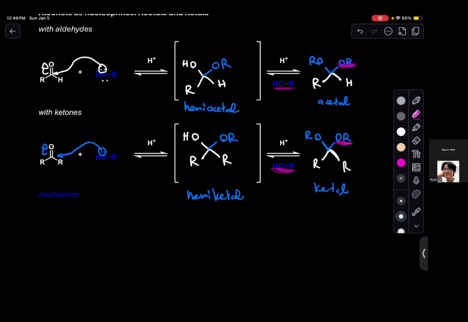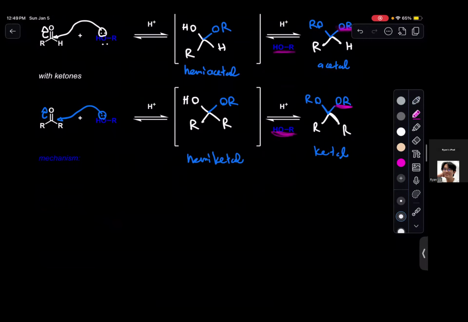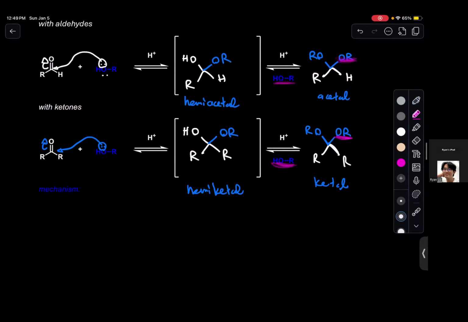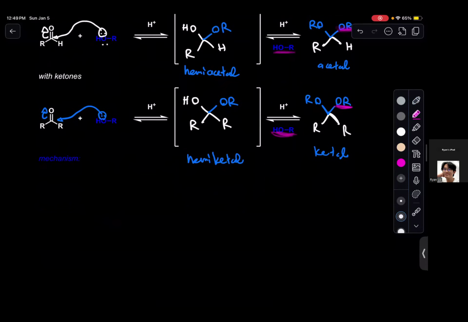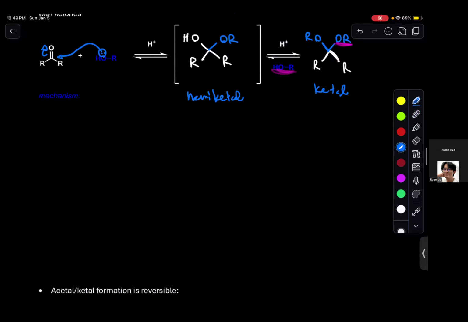Alrighty, cool. So let's go over the actual mechanism for a hemiacetal, and eventually forming the full thing. A quick mechanism over here. Shouldn't be anything too crazy. I think the Jones mechanism is probably a lot worse than this.